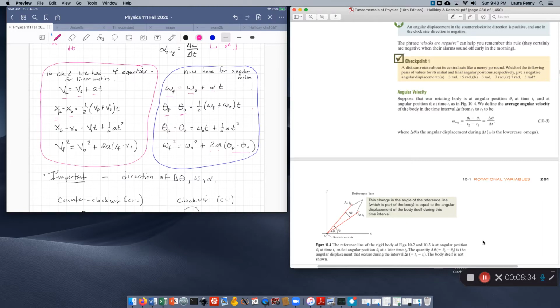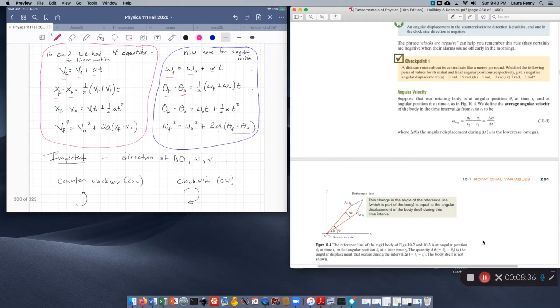An important thing to remember here: when we did one-dimensional motion, if we were doing x, we had to sit there and say, this is what I'm going to call my positive x. And anything that was going the other way would have had a negative value in here. If v naught was actually this way, then we would have had a negative v naught.